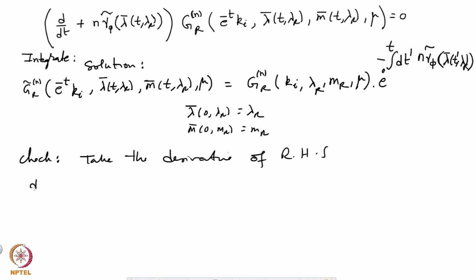So that just comes out. So d over dt of the right hand side, which is G N R into this exponential, is G N R times, you have to take the derivative of this object with respect to t.